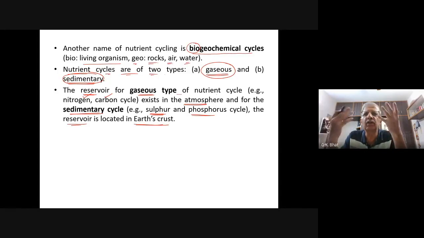We get nitrogen, carbon dioxide, and oxygen from the atmosphere. So the nitrogen cycle and carbon cycle are examples of gaseous biogeochemical cycles, where the atmosphere is the reservoir, and the phosphorus cycle and sulfur cycle are examples of sedimentary biogeochemical cycles, where the earth crust is the reservoir.